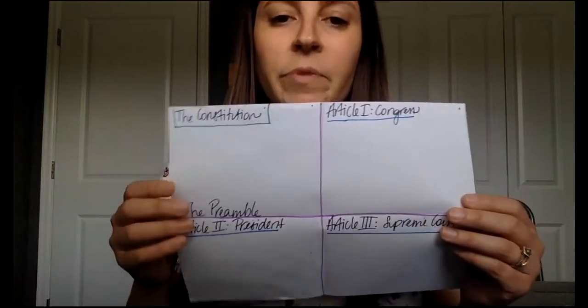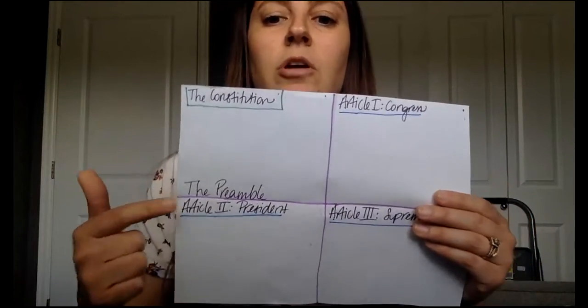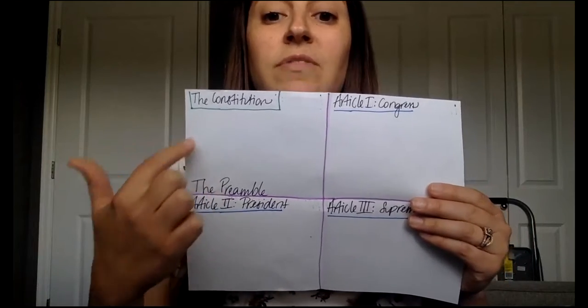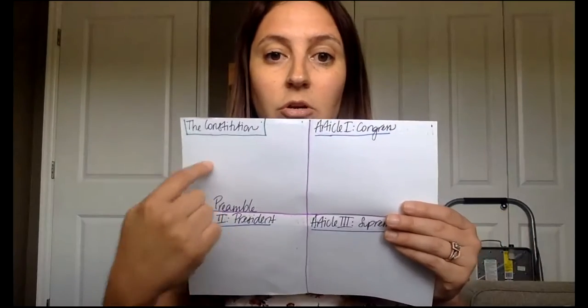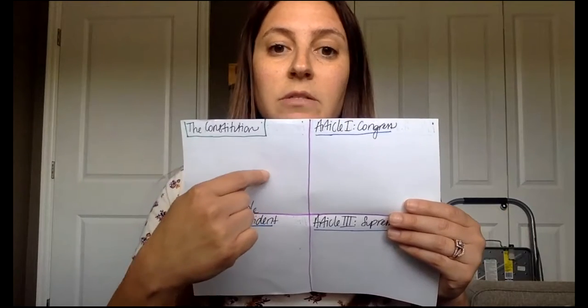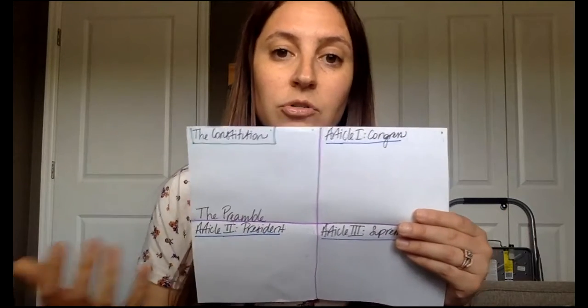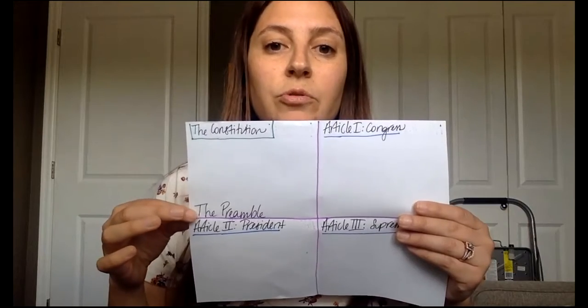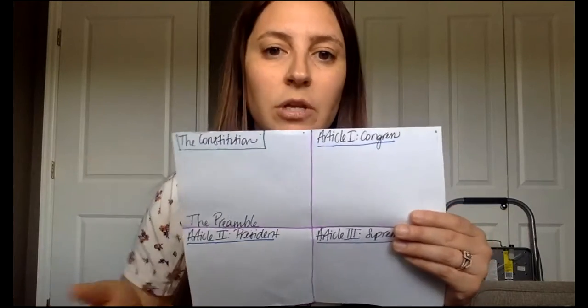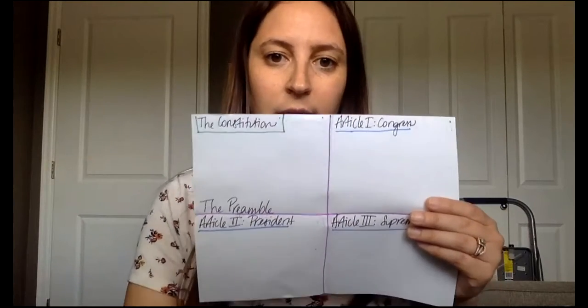The directions also say to write small enough to leave space, because as we learn more about the Constitution, you're going to be filling in these spaces with notes and possibly pictures. We're not going to be doing that today.